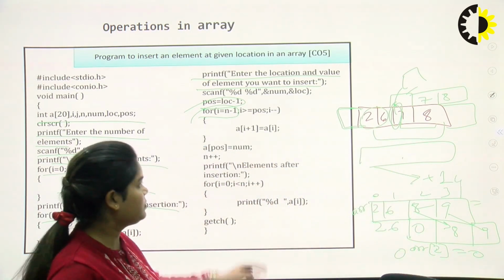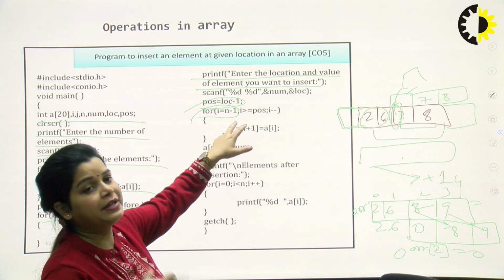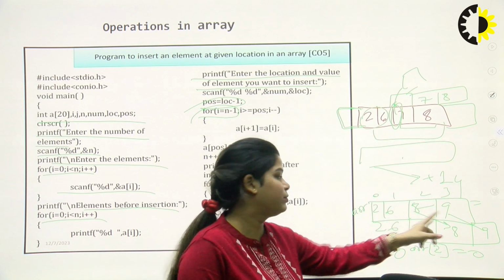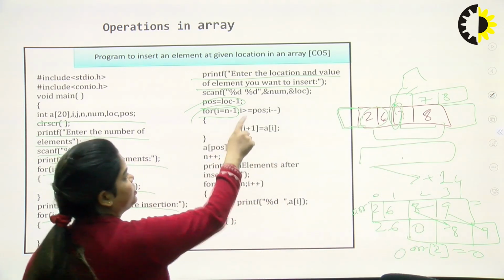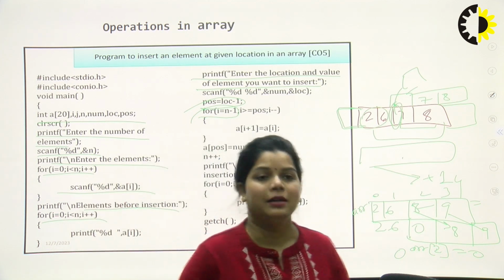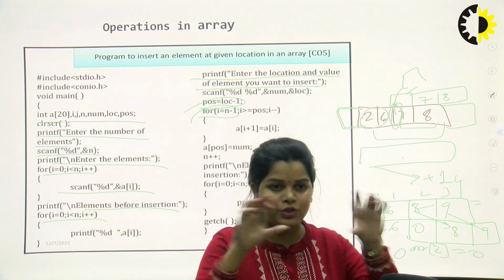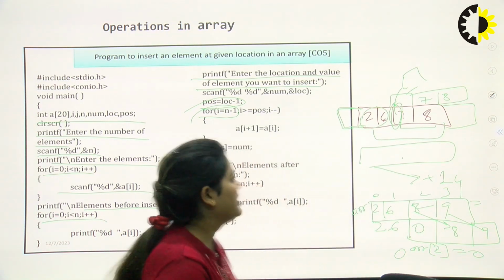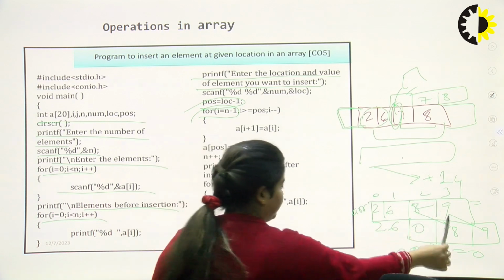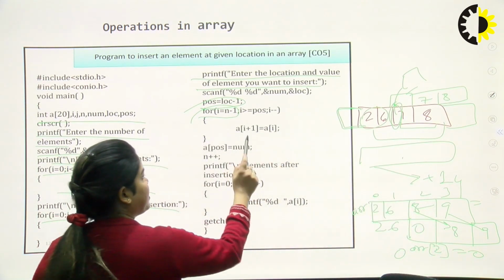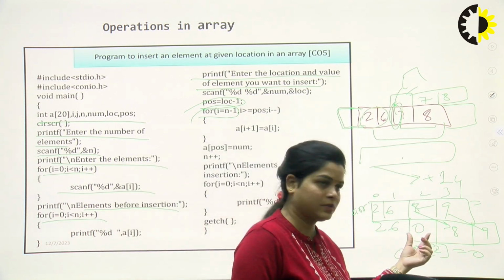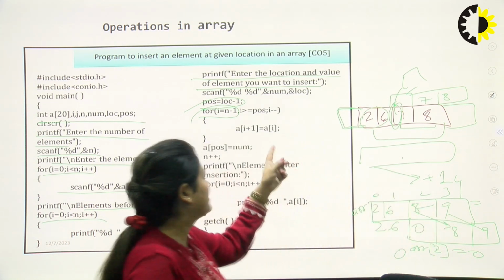You have to shift not from the start but from the last, so from n minus 1 position, while i is greater than or equal to position, because the position will obviously be less than i, as you need to insert the element inside that array. Then i minus minus, because it's starting from the last. Then a[i+1] = a[i].